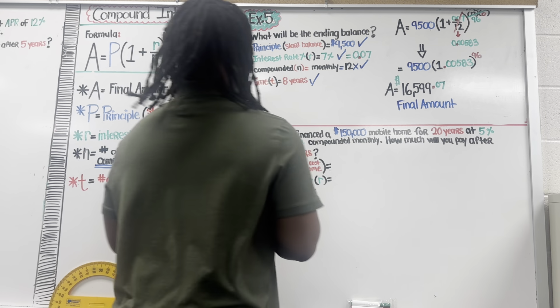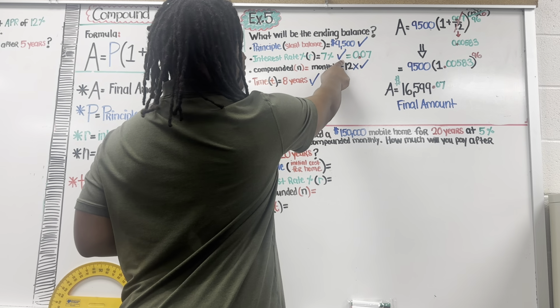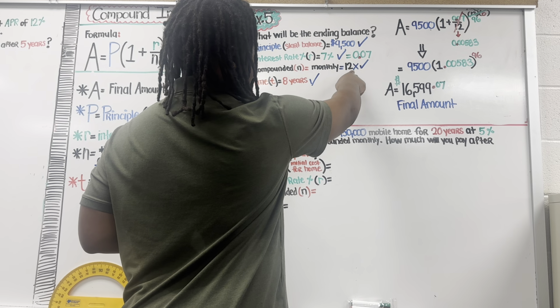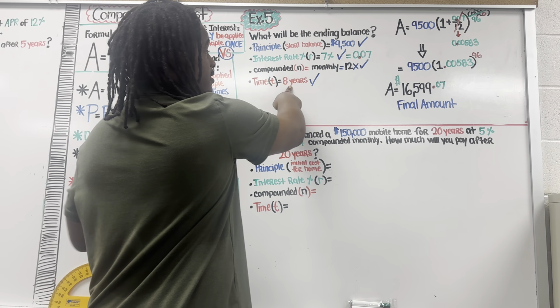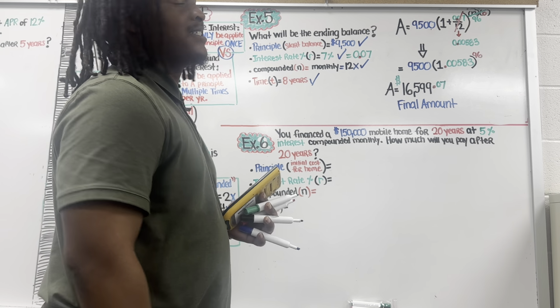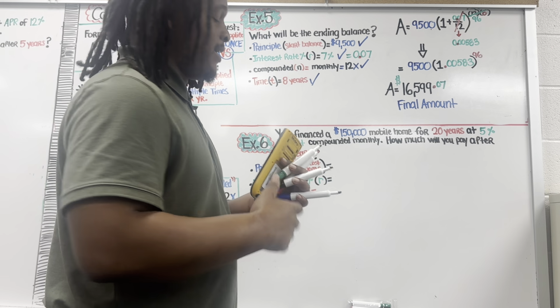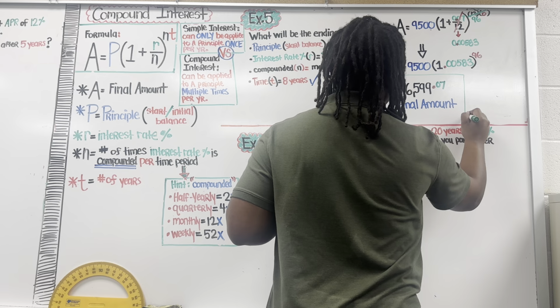So once again, if you were to invest $9,500 at 7% interest, compounded monthly, and you do this for an 8-year span, you should have $16,599.07, roughly around that, as your final amount after 8 years.